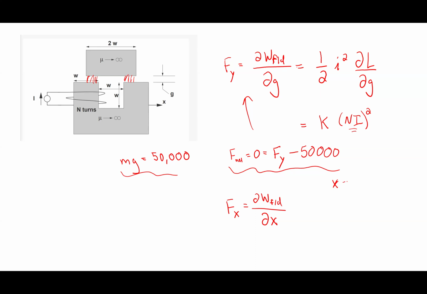In the third part, your force is going to effectively be a function of Ni, because the value of Ni that's required is fixed by whatever I got in part 2. So the force is going to be different at each position, because the MMF that's required to keep this thing vertically placed was determined in part 2.